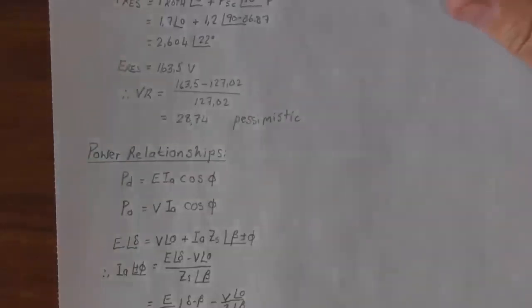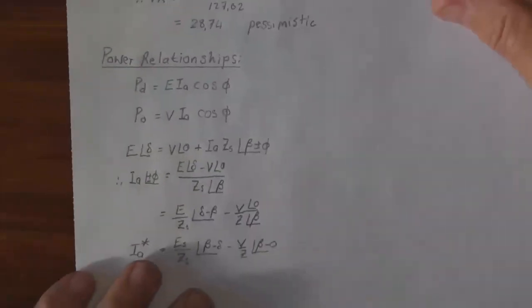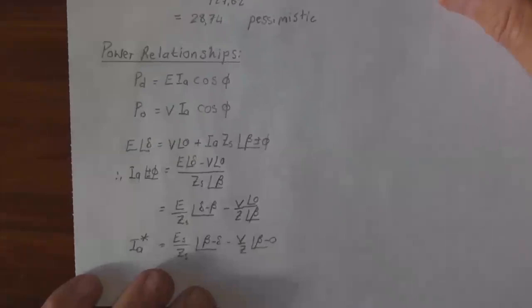Now let's look at the power relationships. The developed power, which is inside the machine, is E times IA cos of the angle between E and I. Output is V times I naught cos of the angle between V and I naught.